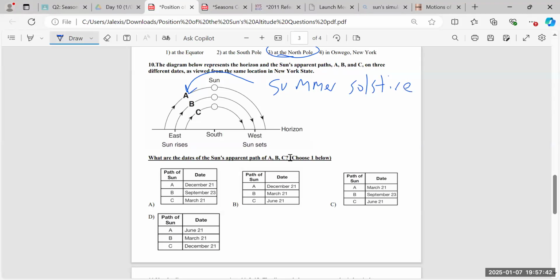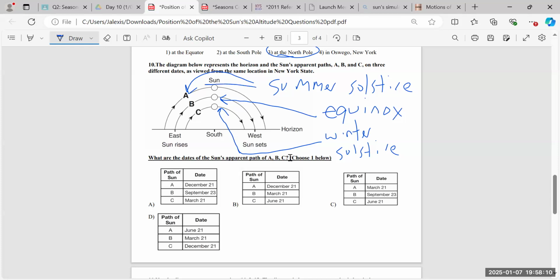We know that when the sun travels its lowest path, C, it is the winter solstice, right? And we know that B, in between the summer solstice and the winter solstice, is going to be the equinox, right?